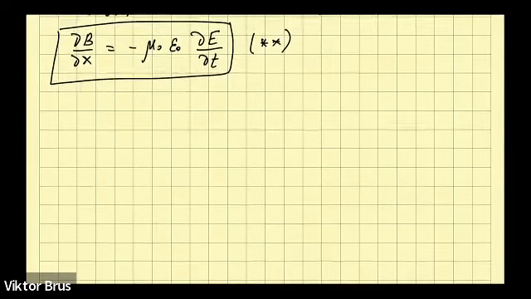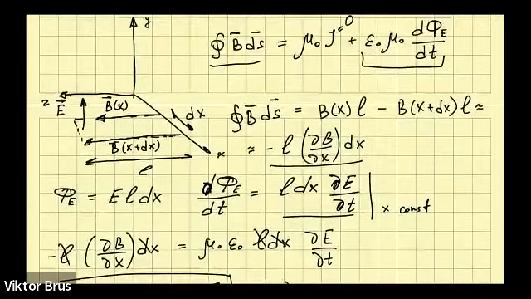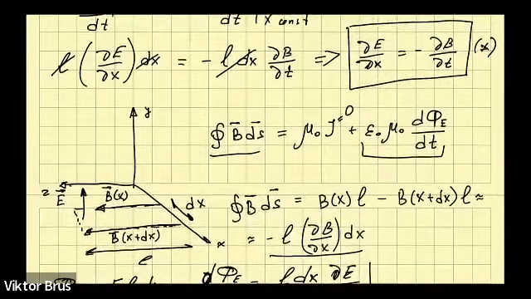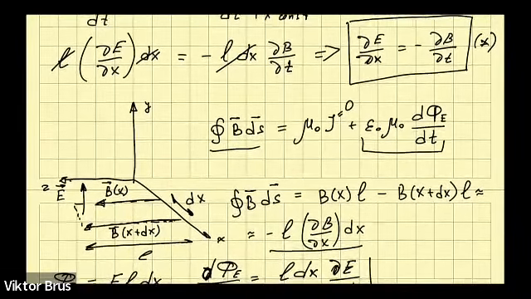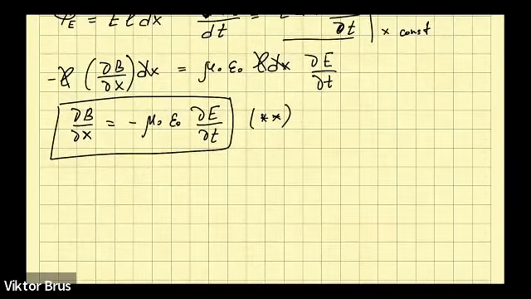So the first equation is: partial derivative of electric field over position equal to minus partial derivative of magnetic field over time. dE over dx equals minus dB over dt. This is our equation 1 prime.